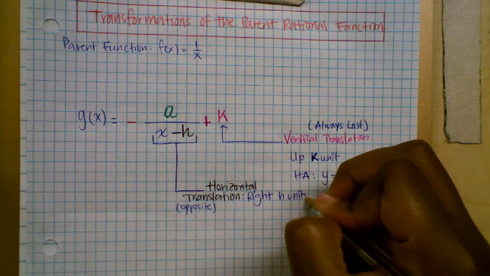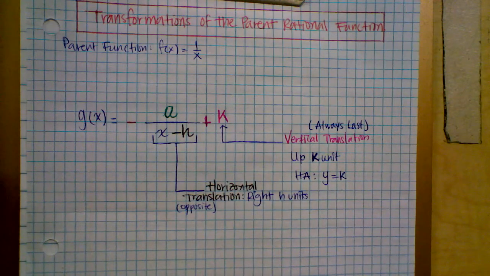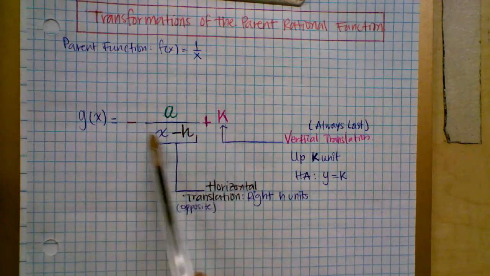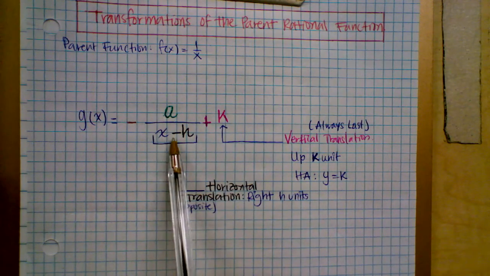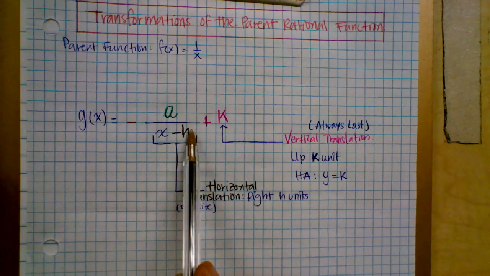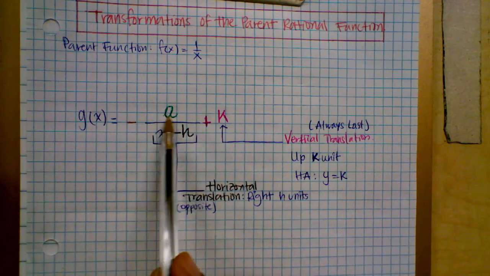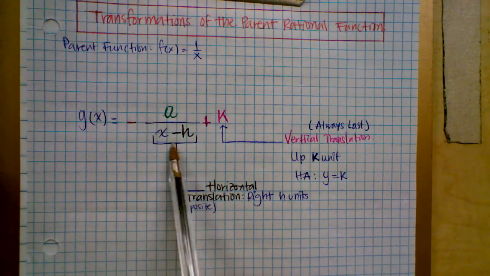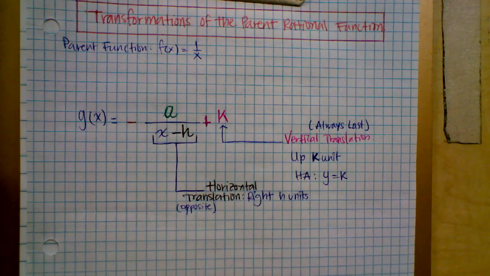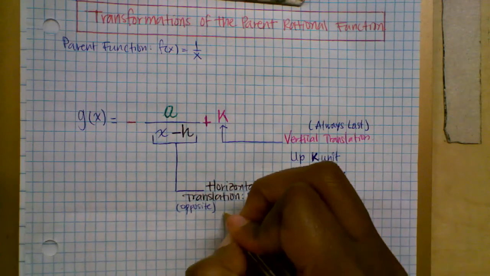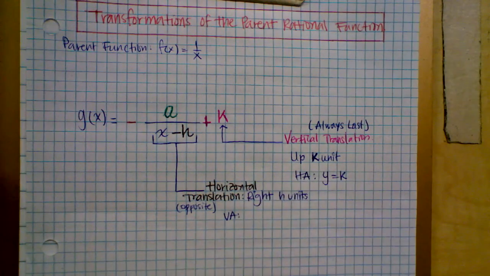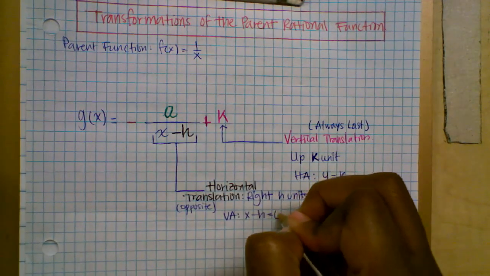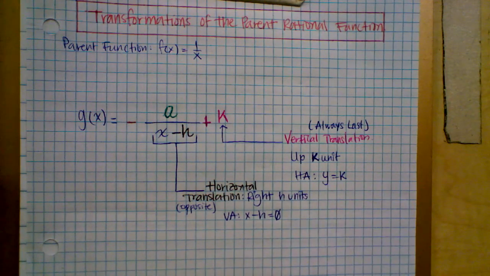If you have a rational function that follows this template, this expression here allows us to find the vertical asymptote. How do we find it? You take the denominator, x minus h, set it equal to 0, and solve for x.